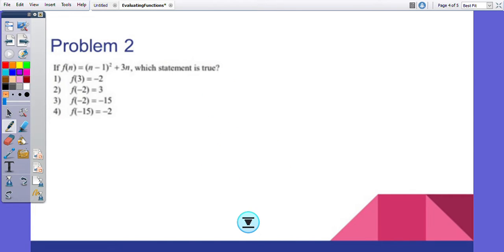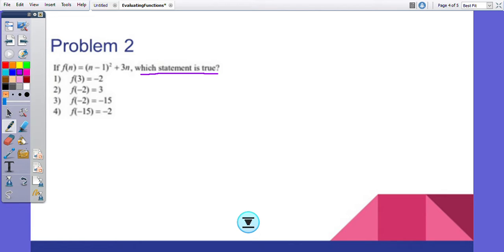Okay, the next one. Notice how this time they gave us a bunch of different expressions. They told us f of 3 equals negative 2, f of negative 2 equals 3, f of negative 2 equals negative 15, and f of negative 15 equals negative 2, and they're asking us which one of these is true.